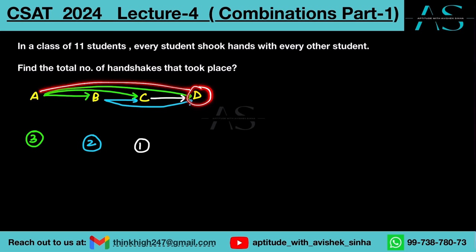D has shaken hands with A, D has shaken hands with B, and D has shaken hands with C. So every person has shaken hands with every other person. Now, when the number of members is 4, the answer is 6 handshakes.